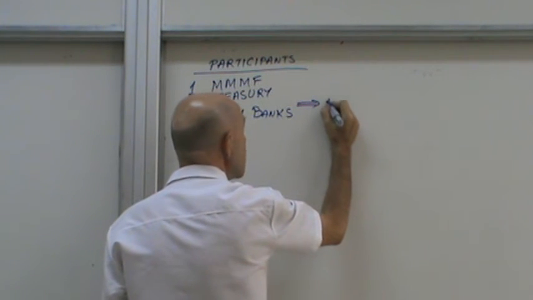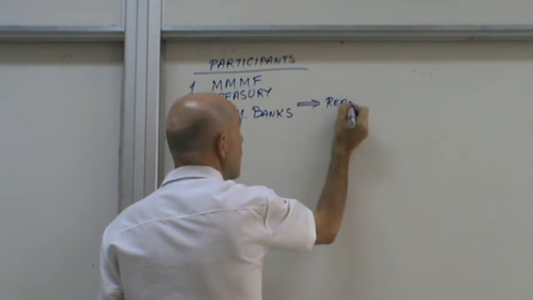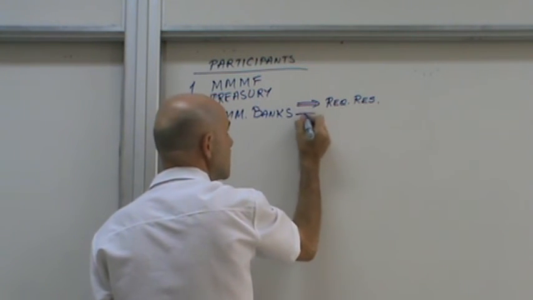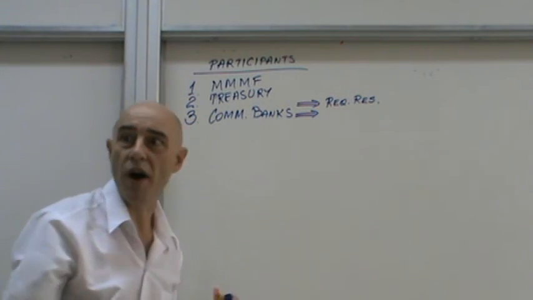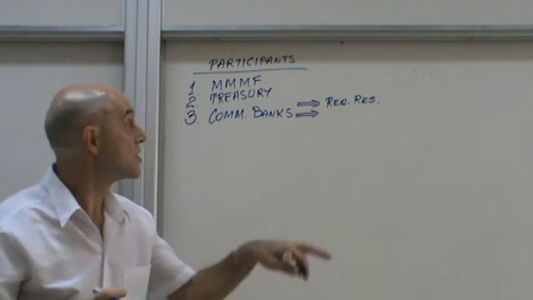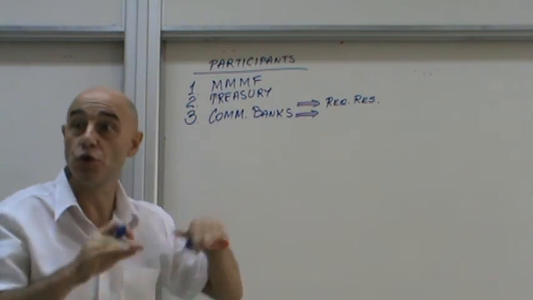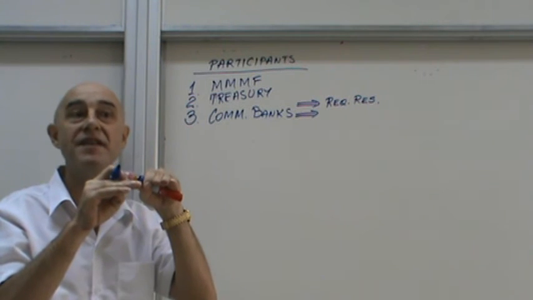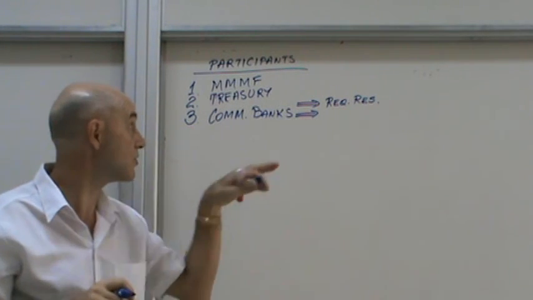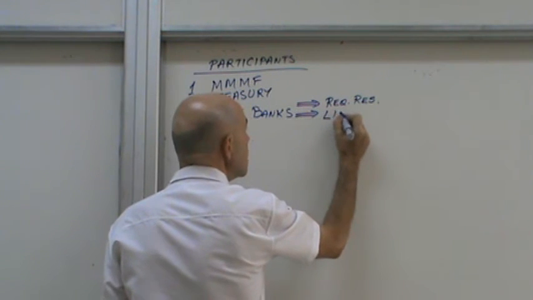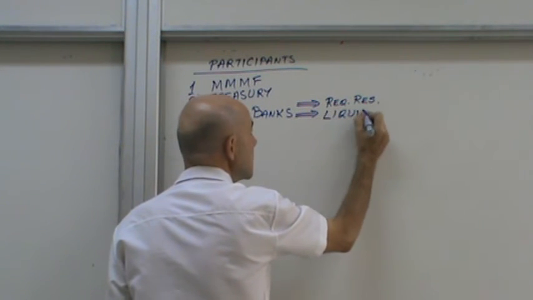One of them is required reserves. The bank is required by law to maintain a minimum amount of reserves. So the bank will use the money market to manage its reserves and to maintain the minimum required reserves. And number two, the bank will use the money market to manage its liquidity.